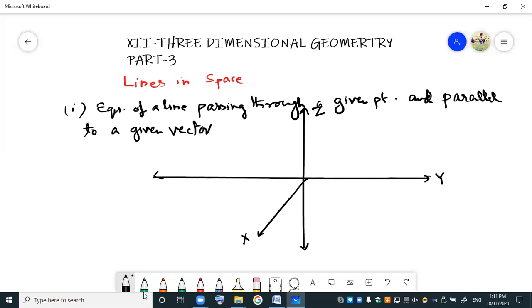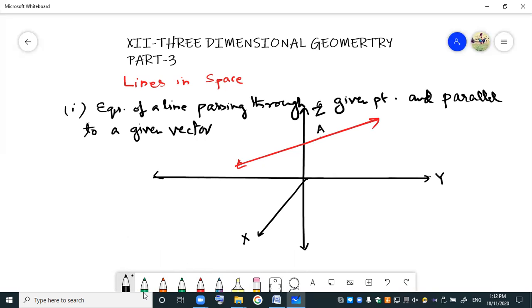Now the condition is a line passing through a given point. So suppose the line is in 3D. Just remember that we are doing 3D. This is a line passing through a point. So that point is P, or A. Take A, because P we will take for a general point.